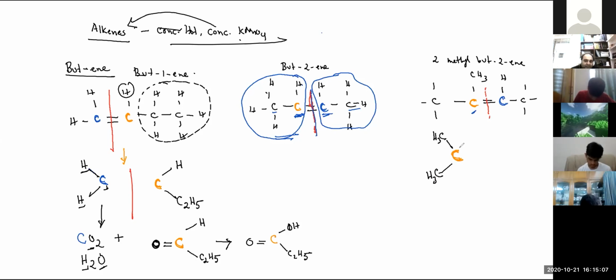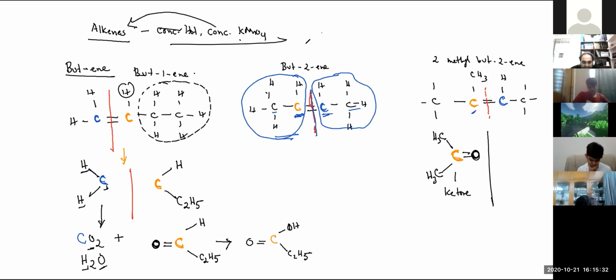If a carbon which is part of the double bond has 2 R groups, it's going to get oxidized to what? Not aldehyde. It's going to get oxidized to ketone.